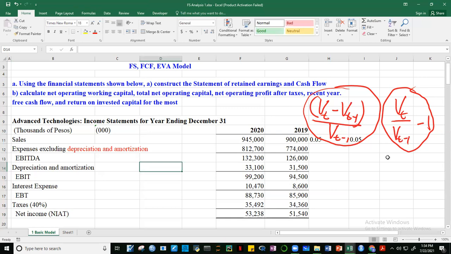What is the quality of depreciation and amortization? The answer, guys, is depreciation and amortization, when we depreciate, do we pay out cash? Thank you, Ivan.